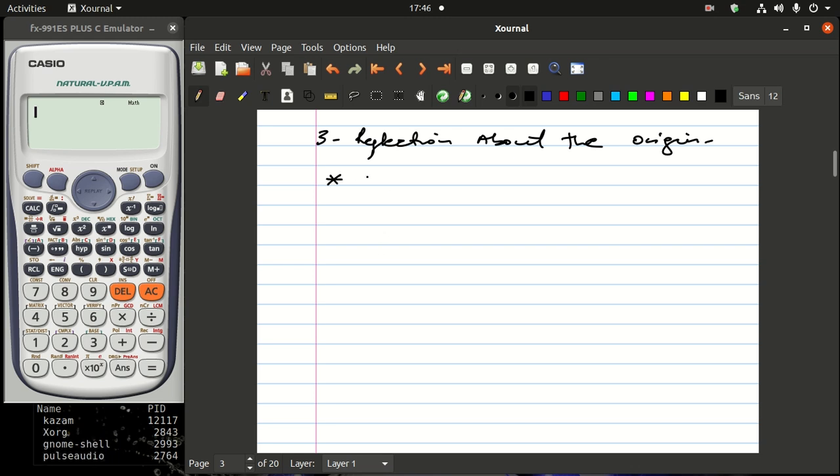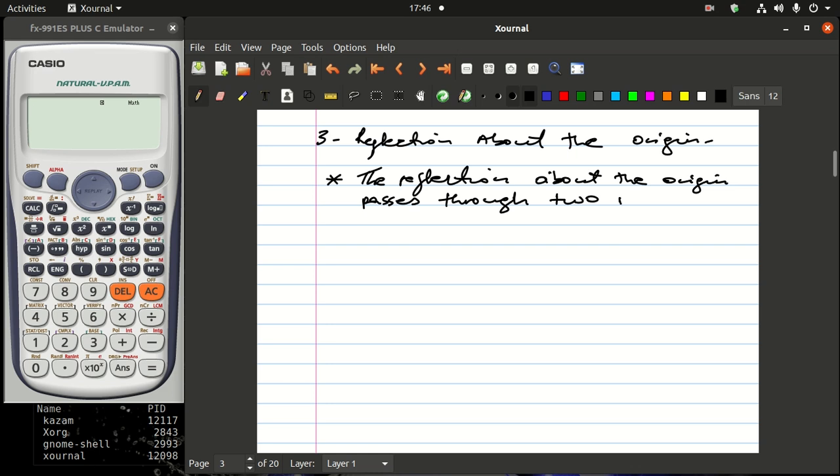One thing to note is that the reflection about the origin passes through two mirrors.